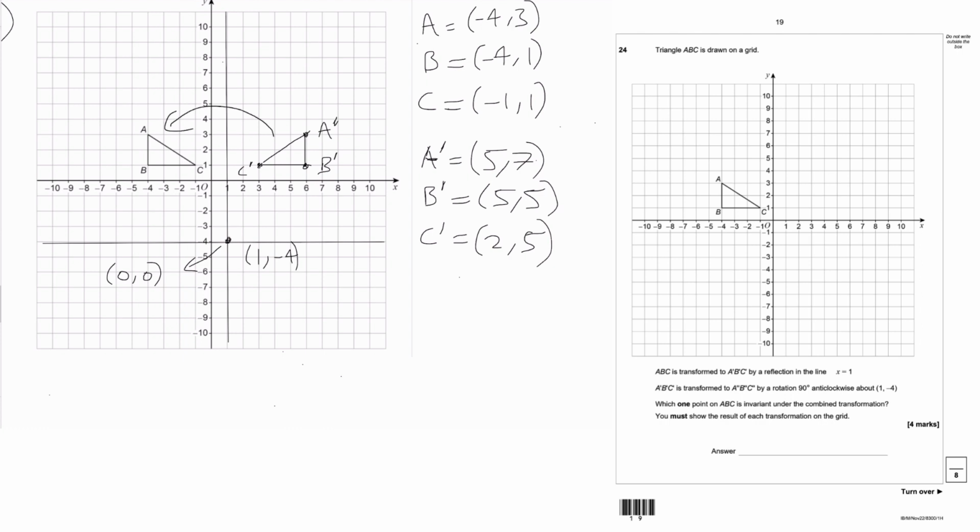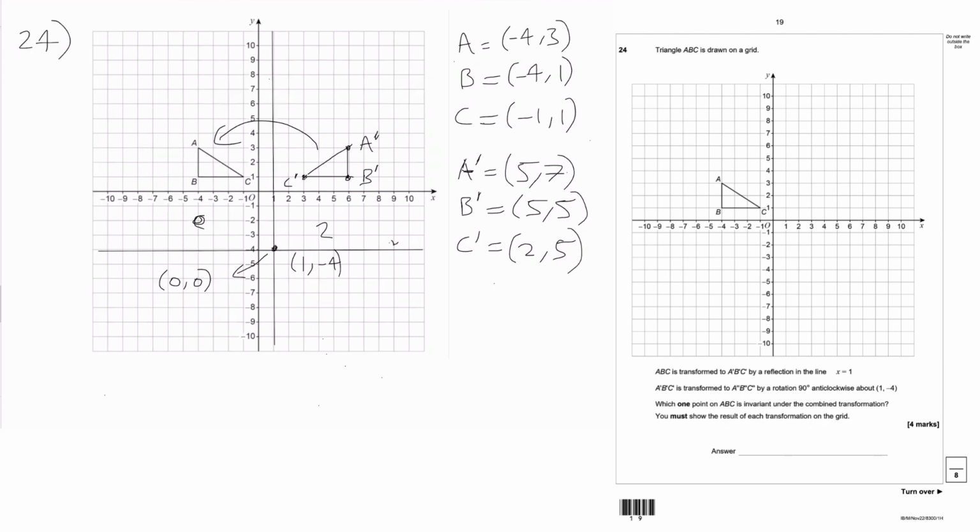So we go +2, and then 5 in the minus x direction. So minus 5 is here. Let me just get rid of those.